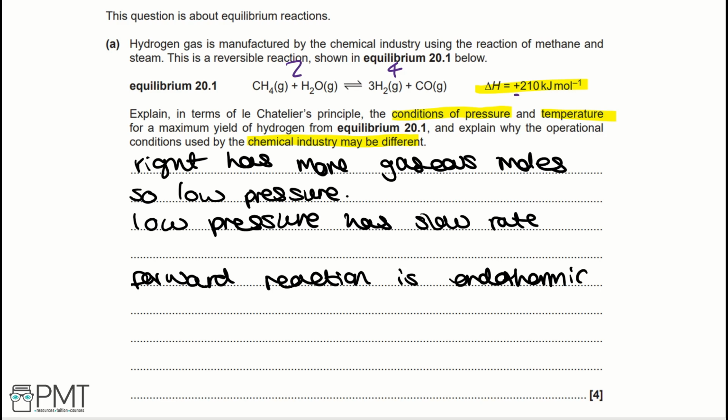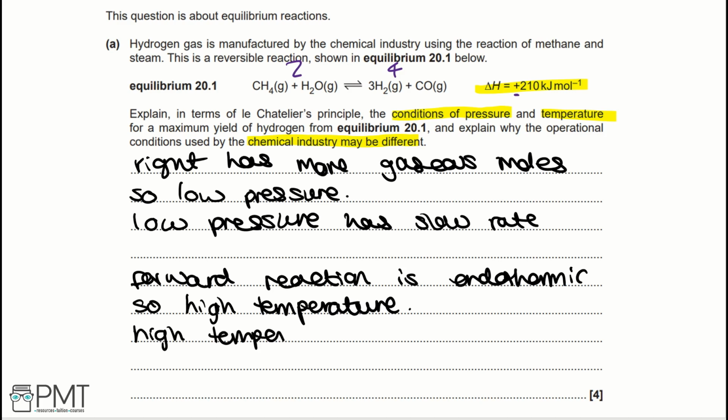Then we need to talk about the conditions we need as a result of the forward reaction being endothermic, and that those conditions are a high temperature. If we were to then link to the industry, high temperature would use a lot of fuel and resources, so it's not very good for the environment, and because of climate change that's more important and it's more of a pressing issue.